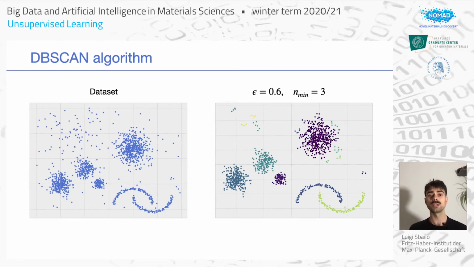So we can see that we can actually find 4 small clusters on the top left of our plot. This means that there is something there. The algorithm is able to detect something there, but it's not able to understand that those small clusters should be merged into a unique cluster.